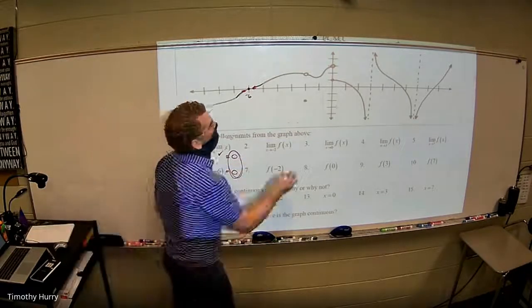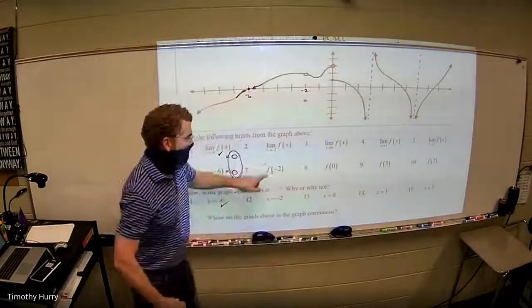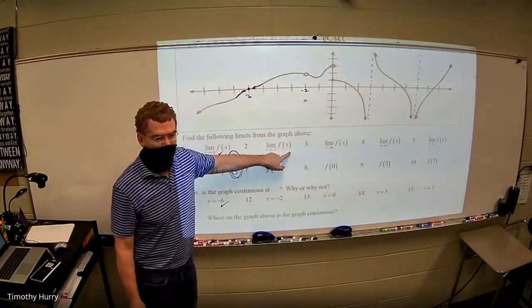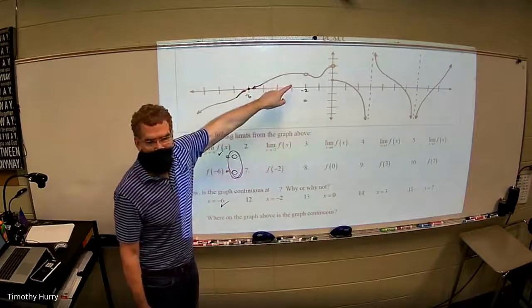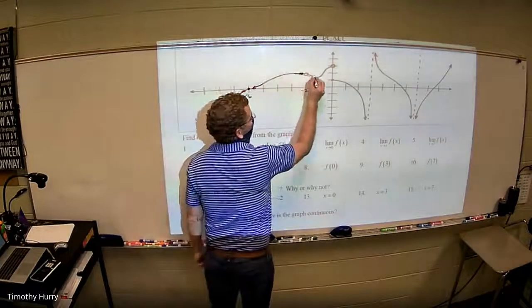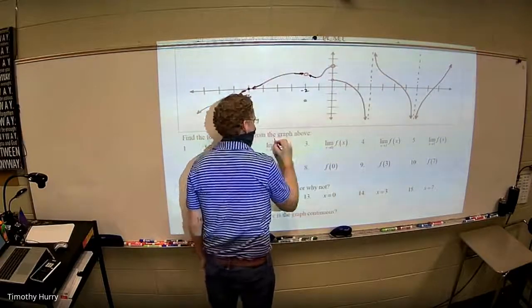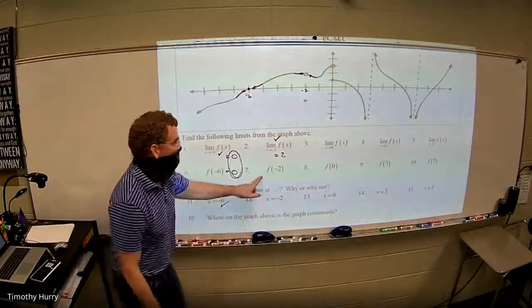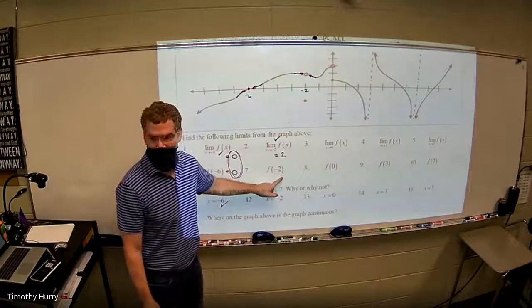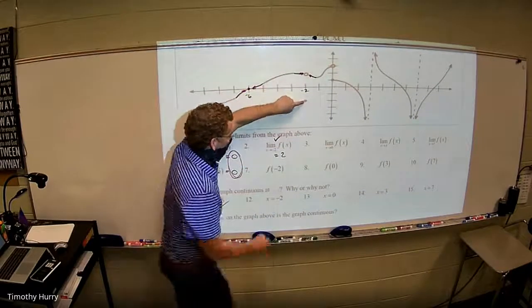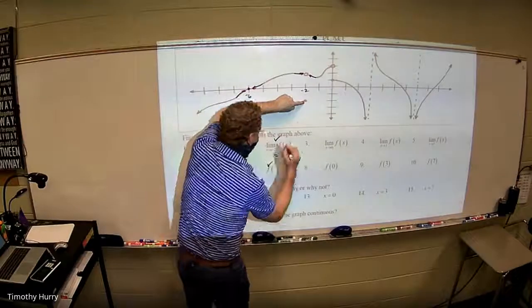Now let's check at -2. Here's -2. Does the limit exist here at -2? Yeah. From the left and the right, what's the limit? 2. So the limit existed. Does the value exist at -2? Yes, it's -2.